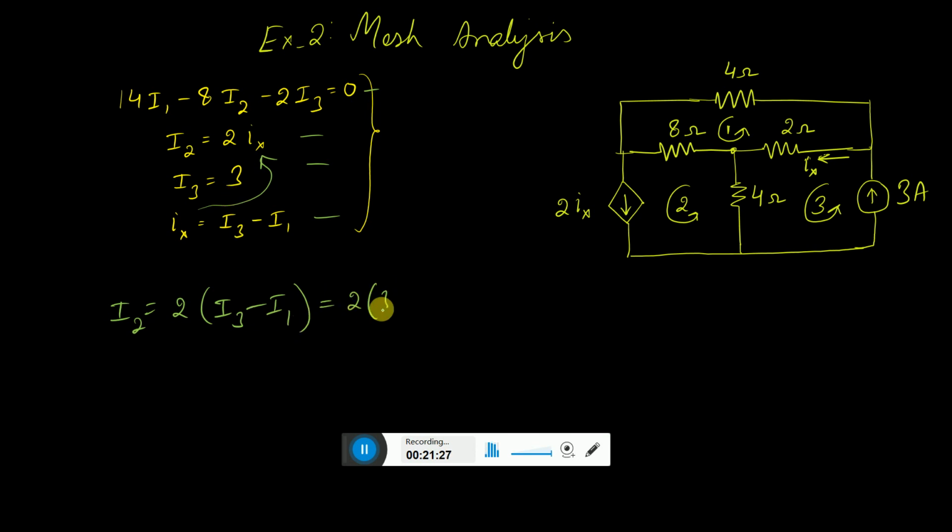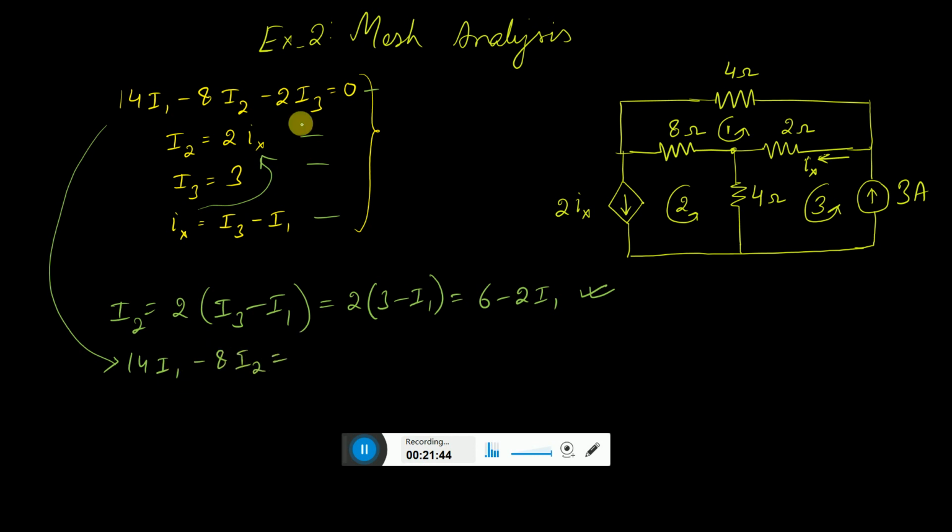So 2 times 3 minus I1, that is equal to 6 minus 2 I1. And this equation we can rewrite: 14 I1 minus 8 I2 is equal to, taking this one on the right hand side, 2 I3. I3 is 3, so that is equal to 6. So this equation is also there.